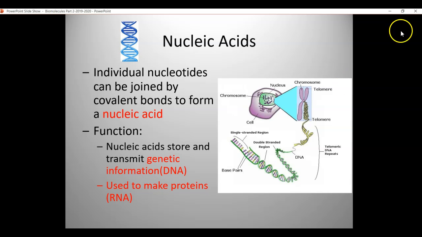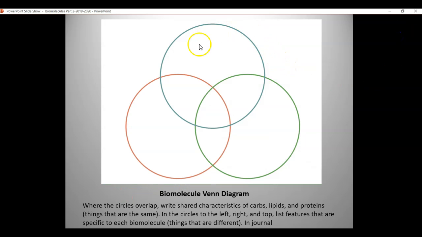So now in your journal, or on a loose piece of paper, whichever you want to do, you're going to draw a diagram similar to this. You'll have 3 different circles. The top one, put carbs, lipids, proteins, and then in the center right here will be what all 3 have in common.